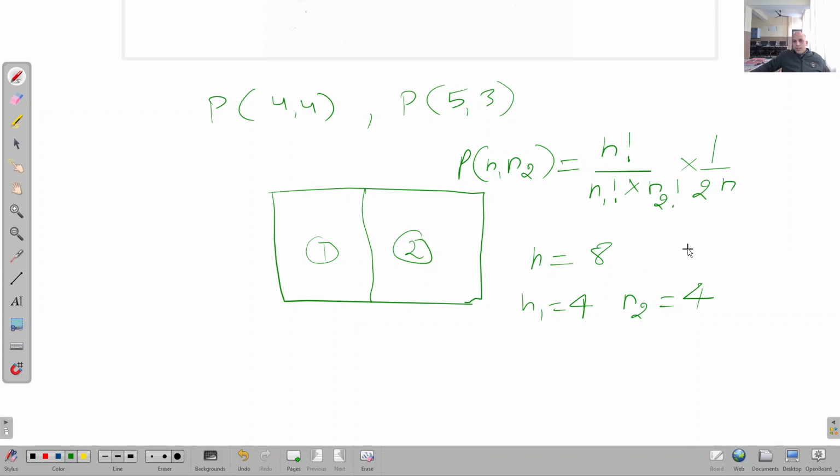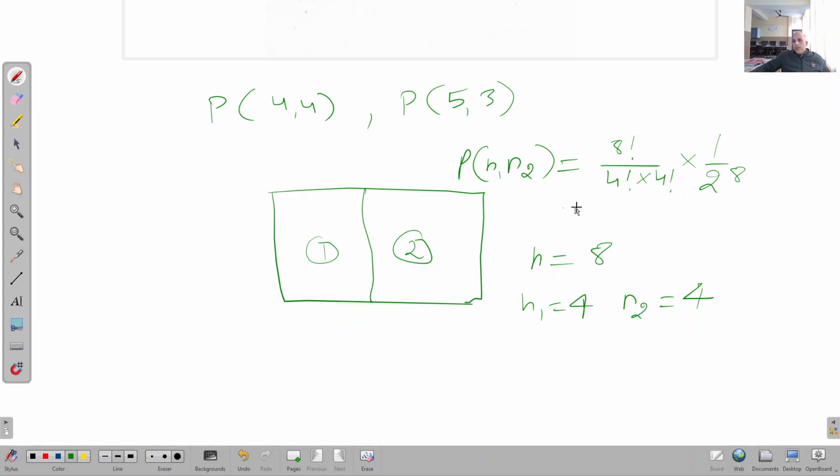So if we put all these things here, it will become 8 factorial divided by 4 factorial into 4 factorial into 1 upon 2 raised to power 8.